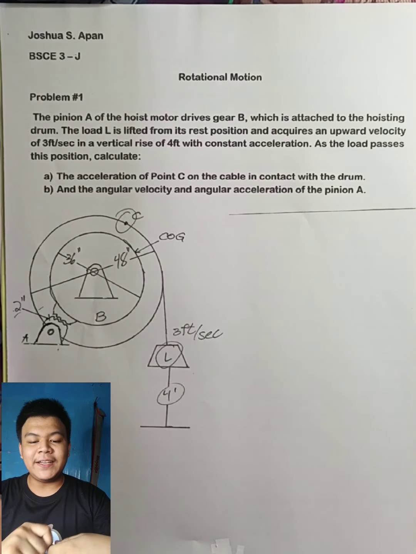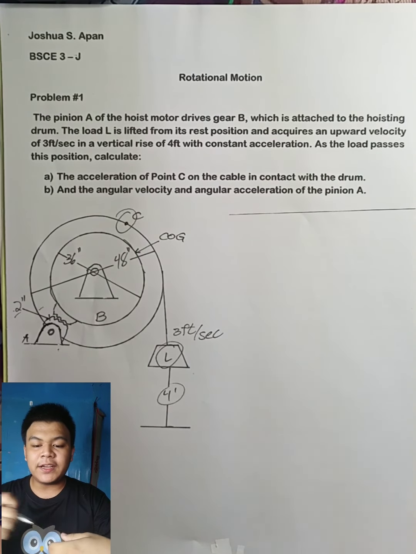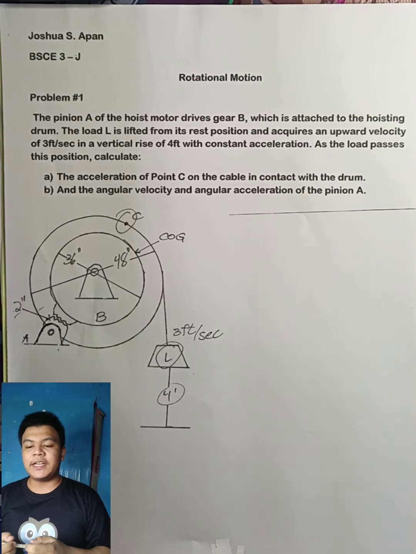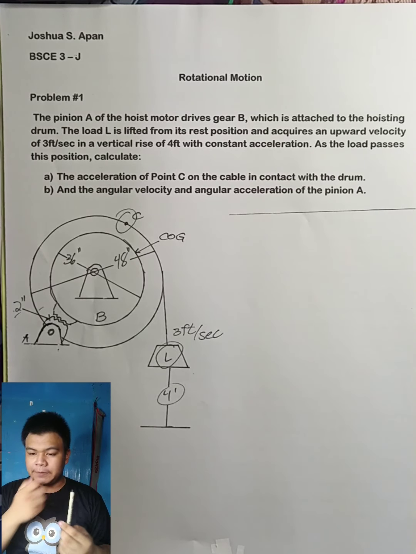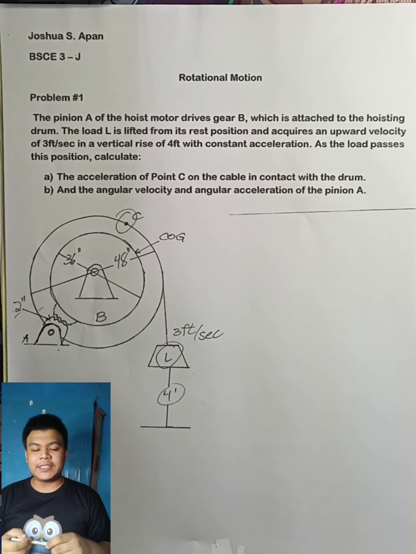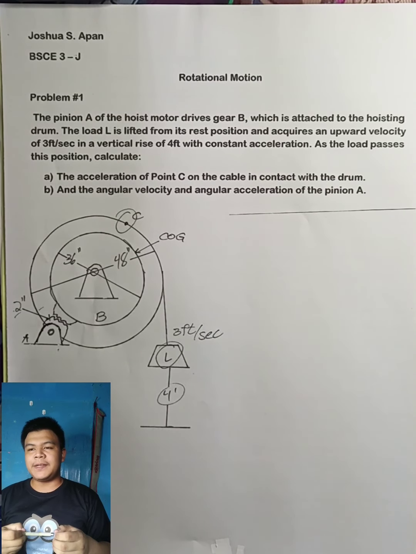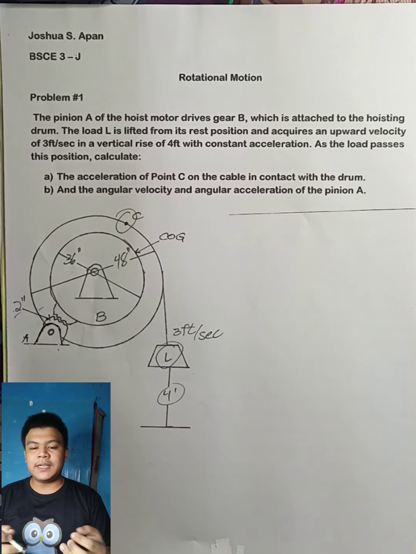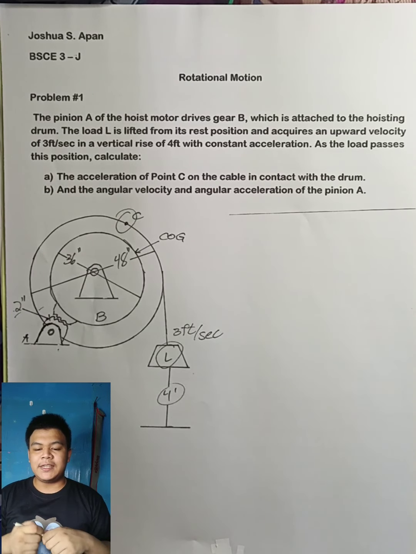So now, let's calculate for the letter B, the angular velocity and the angular acceleration of the pinion A. So, mapapansin natin, yung motion ng point A is connected siya sa point B. Then yung motion naman ng point C is connected siya sa point C na connected din sa load.